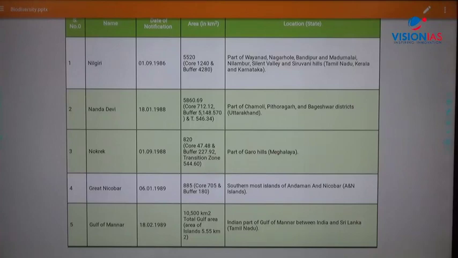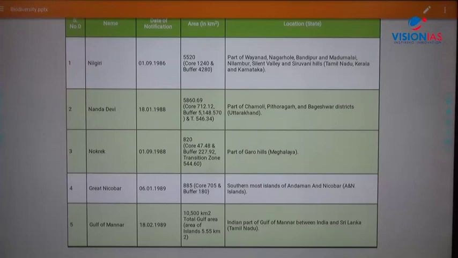What are the parts? All the important areas. The areas are very important. Come on, make note of the areas. Wayanad. Nagarhole, just now I have shown in the map while discussing the National Highway number 766.